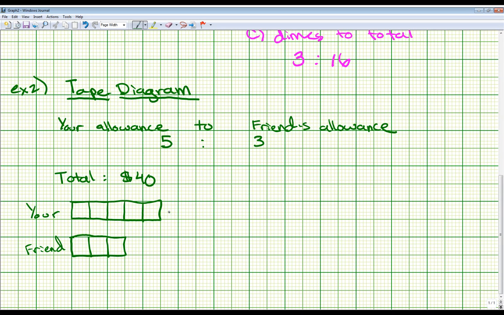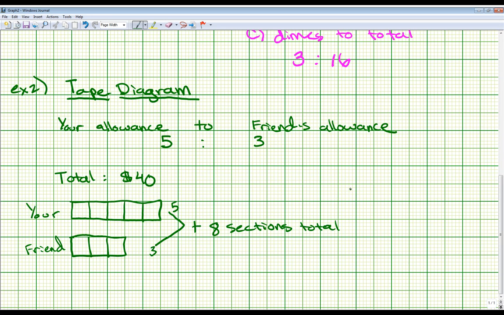So the first step we're going to do is take the pieces of tape and we're going to add the pieces together. So there were 5 here and there were 3 here. So if I add 5 plus 3, I get 8 sections total. So if I know that the total dollar amount was $40 and I know that there was 8 sections total, I can take 40 and divide by the 8 sections to figure out what each section is going to be worth.